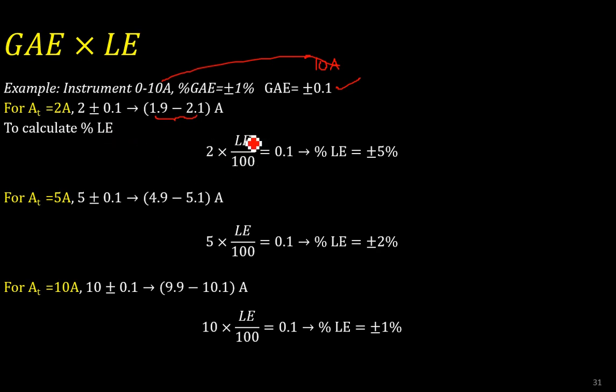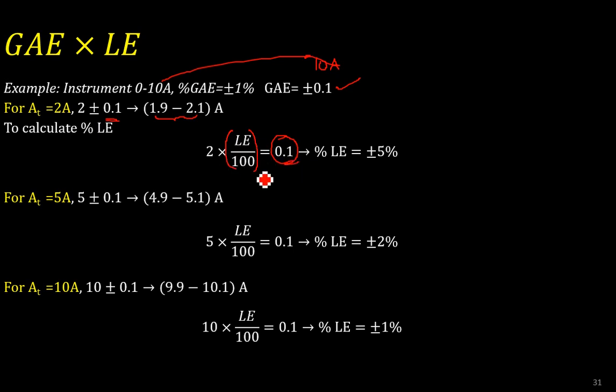Okay, now what will be the limiting error? How will you calculate the limiting error? When you are measuring 2 amperes, you are getting the value of error as 0.1. Now what will be the limiting error? 2 into this limiting error gives you 0.1, that is 2 is the true value. Always you are calculating a limiting error with respect to the true value. So true value into the percentage limiting error gives you 0.1. 0.1 is the error that you already have, because this is an error which is fixed throughout your measurement.